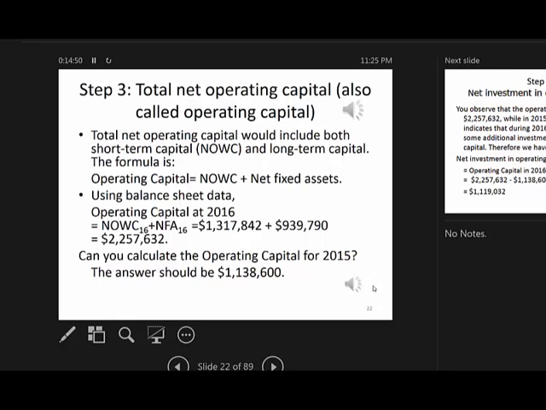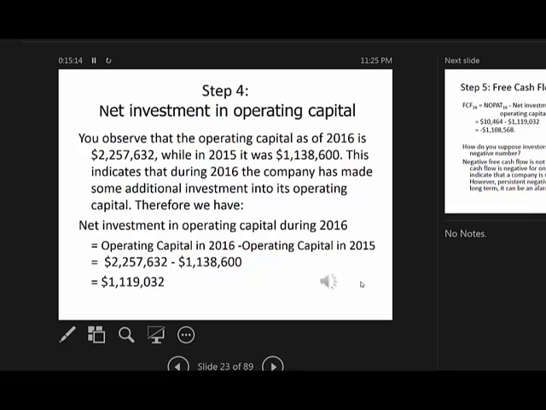And if you follow the same formula and try to calculate the operating capital for 2015, I would suggest you try the practice and check your answer with me, and the answer should be about $1.1 million, shown here. So from the previous calculations, you see that the operating capital for 2016 is about 2.2 million, while in 2015 it was about 1.1 million.